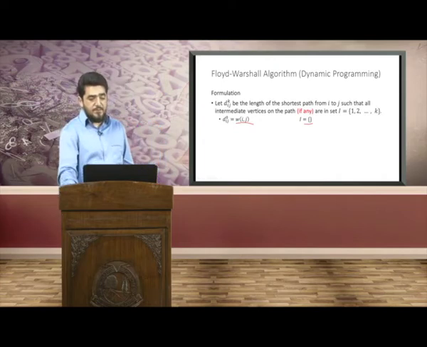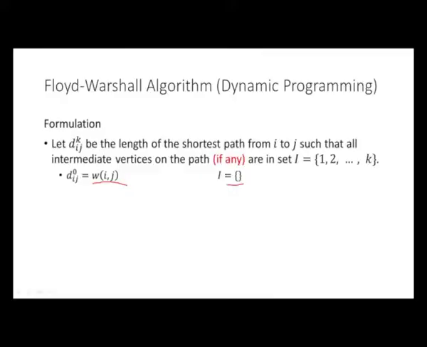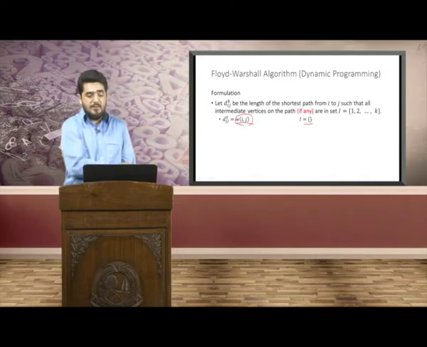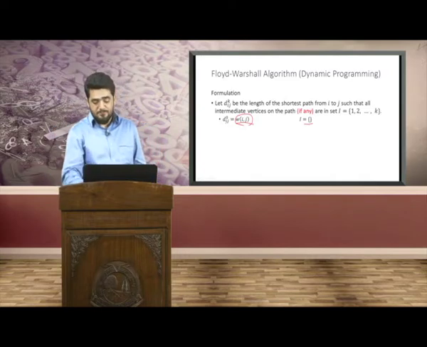So, obviously, if k is considered to be 0, then the set of intermediate vertices would be empty. And in that case, the shortest path from i to j, considering no intermediate vertex between i and j, would simply be the weight of the edge from i to j, as I told you in the earlier example. In case there is an edge; if there is no edge, then it will be infinity.